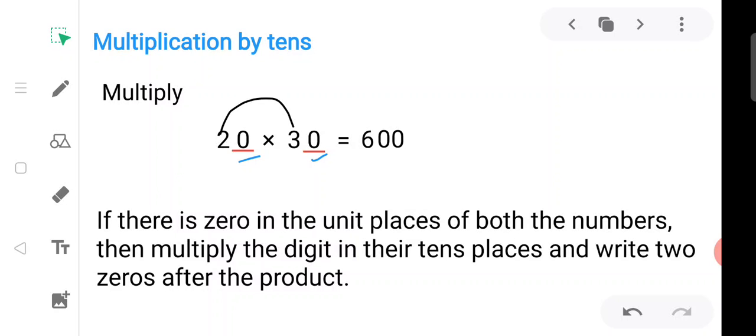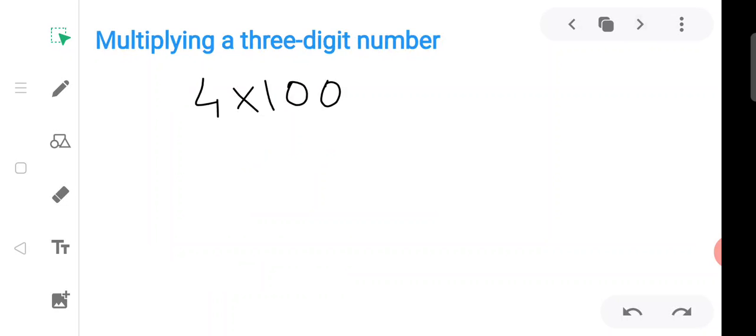Now come to our topic, multiplying with 3-digit numbers. So we see the examples. See here, we have to multiply 4 by 100. Here 4 is a 1-digit number and 100 is a 3-digit number. So how can we do this? See, 100 is also written as 1h.